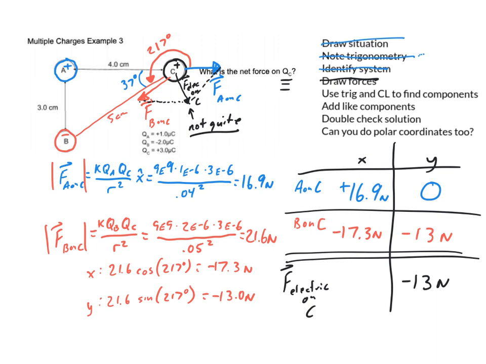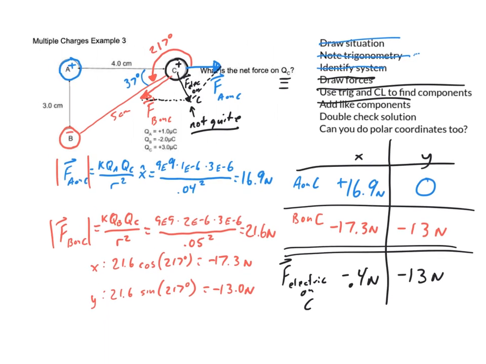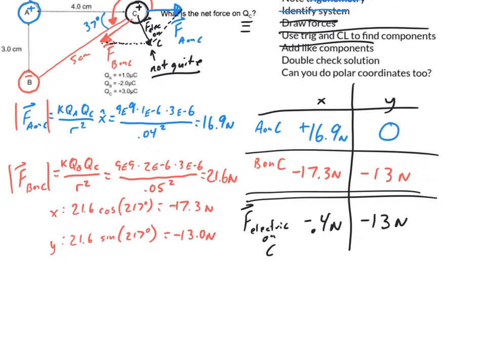So I'm doing my double checks as I go along. 16.9 minus 17.3 gives me negative 0.4 newtons. So we do get something that is down, but it's actually a little bit left, not a little bit right. That seems reasonable, actually.